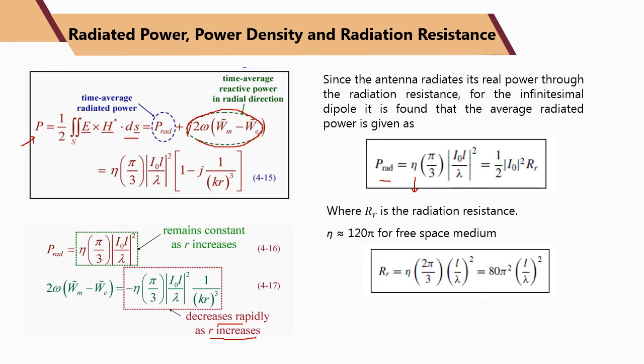I naught is the constant current, L is the length of the dipole, and lambda is c over f, depending on the frequency the antenna is designed for. And R r is the radiation resistance, which equals 80 pi squared multiplied by L divided by lambda, squared.